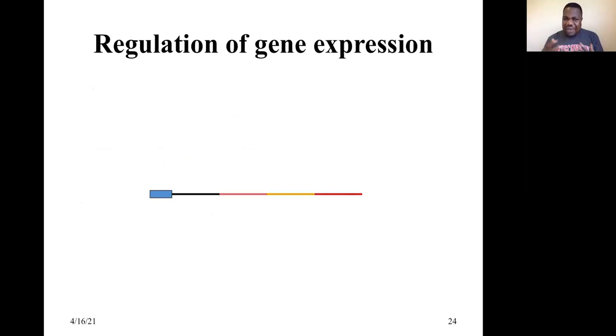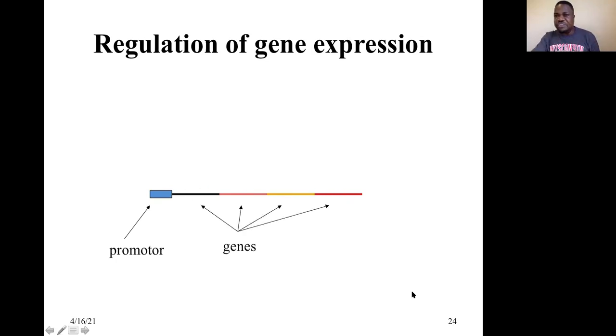Now, how does gene expression happen, and how can we regulate gene expression? This is what happens. You have a promoter, and you have different genes here. This is a gene that is switched off.